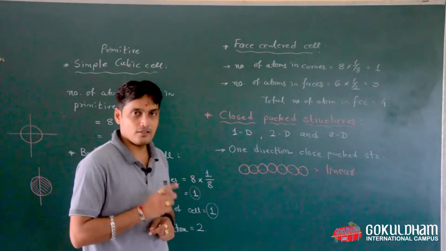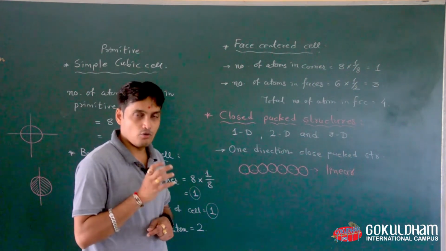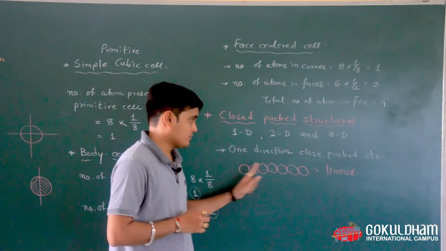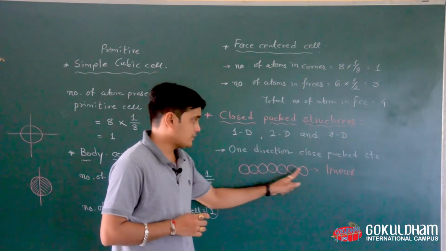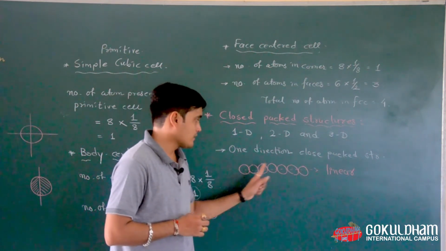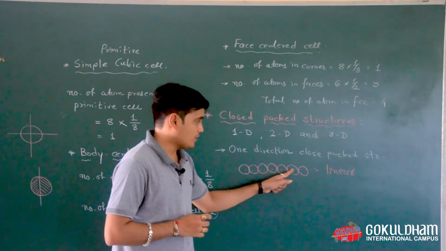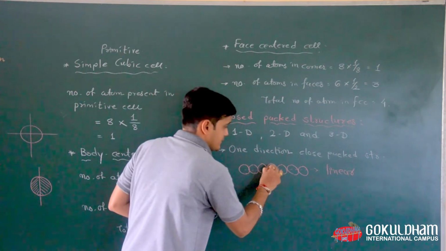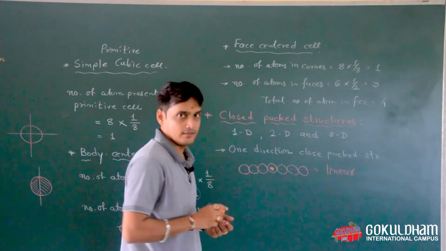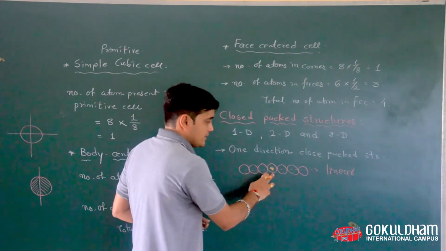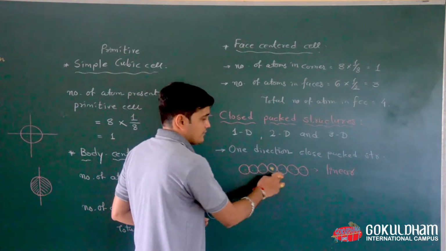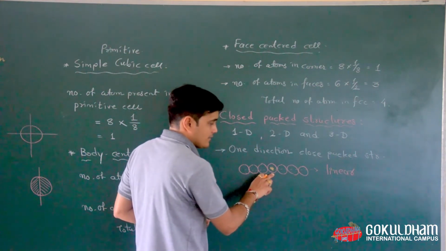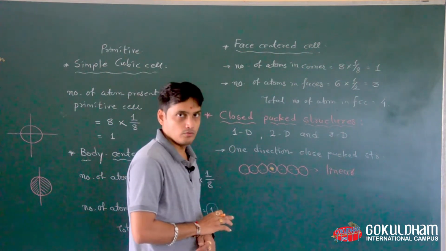What do you mean by coordination number? Coordination number means, without the 2 terminal atoms, in between these 5 molecules or atoms are present, and you take this atom as a standard. So this center atom is attached with these 2 atoms. So the coordination number of this marked sphere is 2.